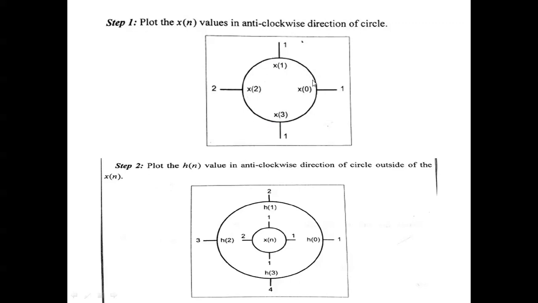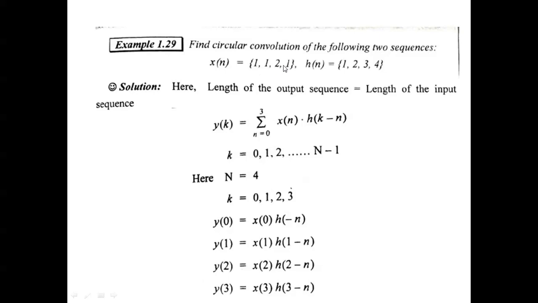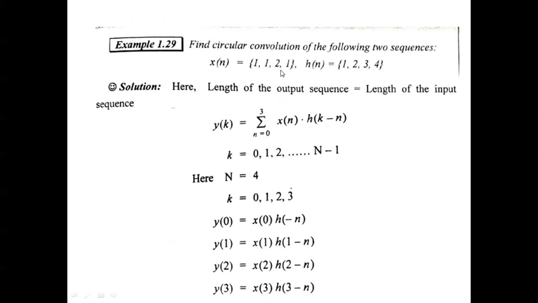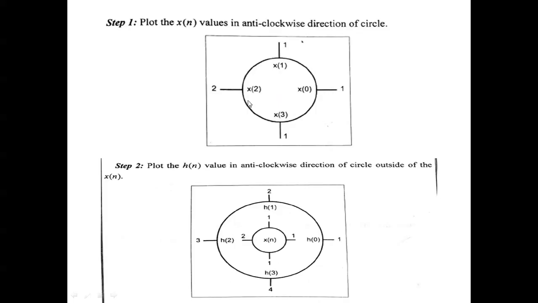The values are 1 1 2 1, so x of 0, x1, x2, x3 are 1 1 2 1.